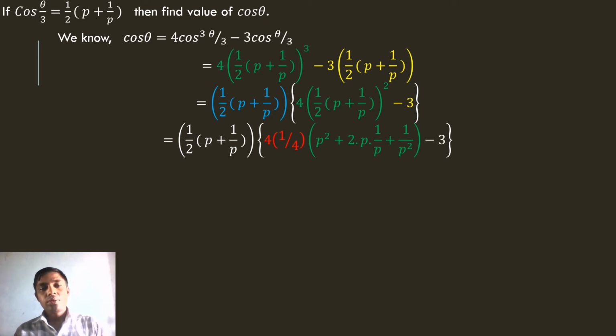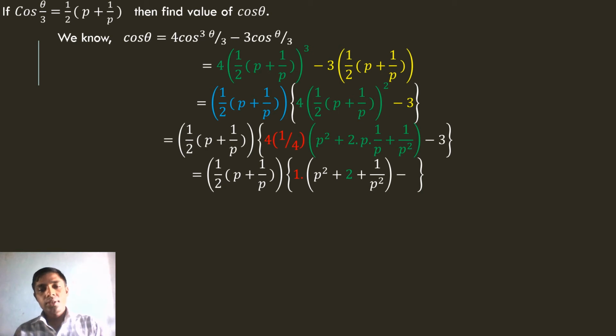We can see this 4 will cancel out, so we'll get 1 here, and now we'll open 1 by 2 times p plus 1 by p, and in the curly bracket we'll get 1 times p square plus 2, the 2 will cancel out, plus 1 by p square minus 3.